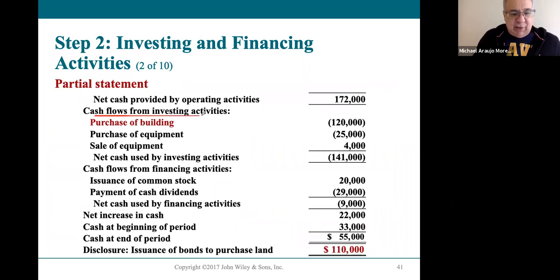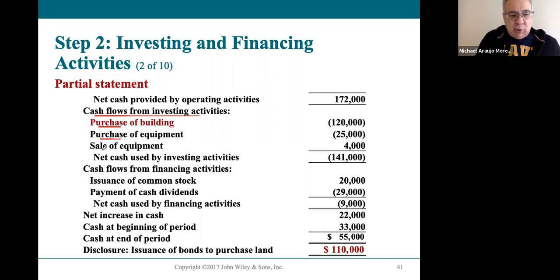So when you look at cash flow from investing activities, you want to see a company buying appropriate fixed assets because you want them to grow. So in this case, the company purchased a building for cash. So you see $120,000 of cash being used to buy the building. The purchase of equipment, $25,000 of cash being used to buy equipment.